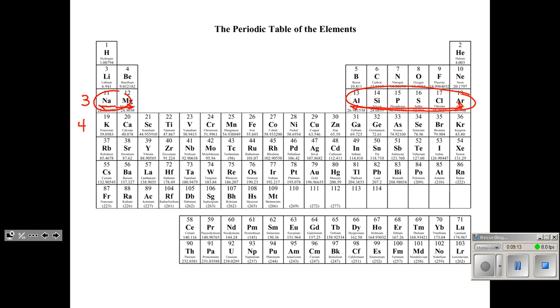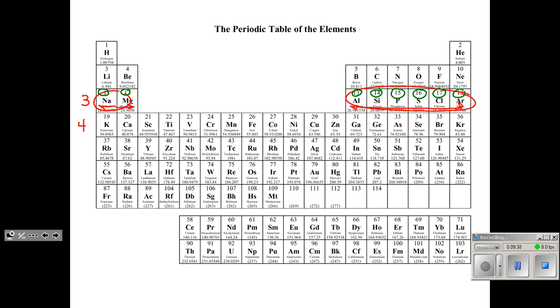And if we look at what's happening on the periodic table as we go across, the 11, 12, 13, 14, 15, and so on, the nucleus is getting bigger and bigger. And since the electrons are at the same distance, they're all at energy level 3, the outer electrons, that is, right?